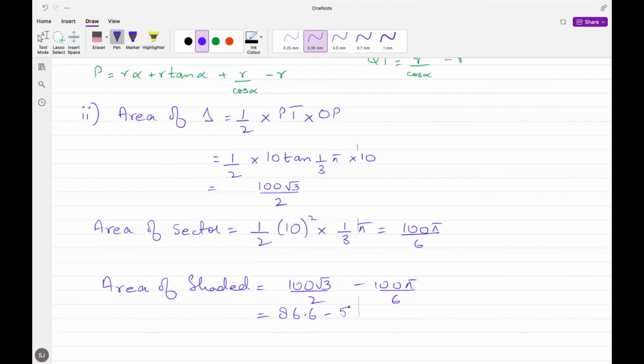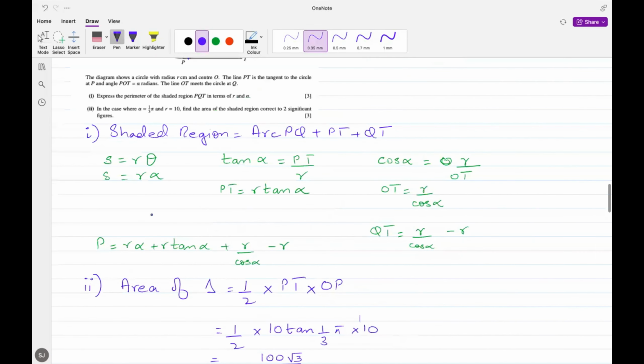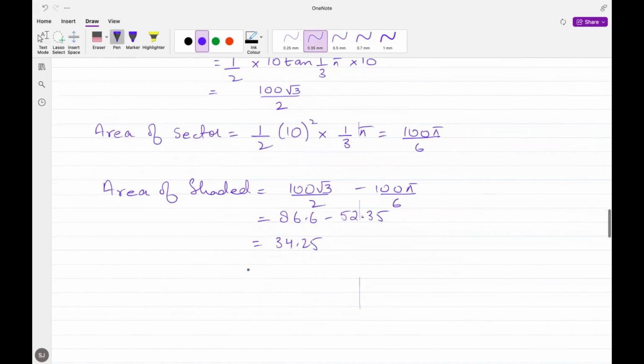So 86.6 minus 52.35 will be equal to 34.25 unit square. Now, as we had to give our answer correct to two significant figures, we will round 34.25 and write the final answer as 34.